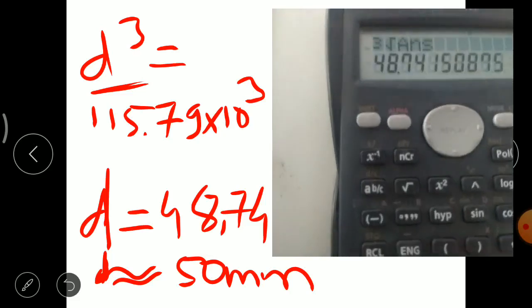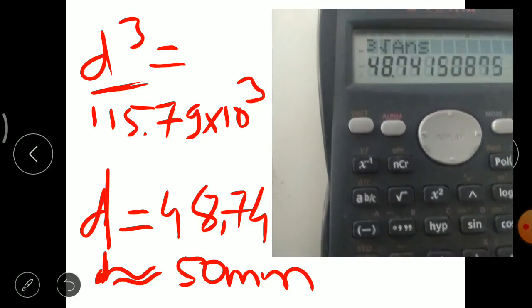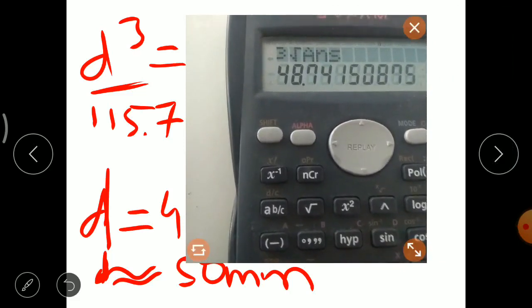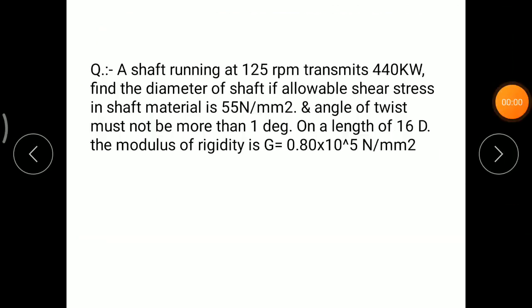In this way you can solve such types of numericals. We will take another numerical. Here we have the problem statement on a shaft: a shaft running at 125 rpm transmits 440 kilowatt, that is power.